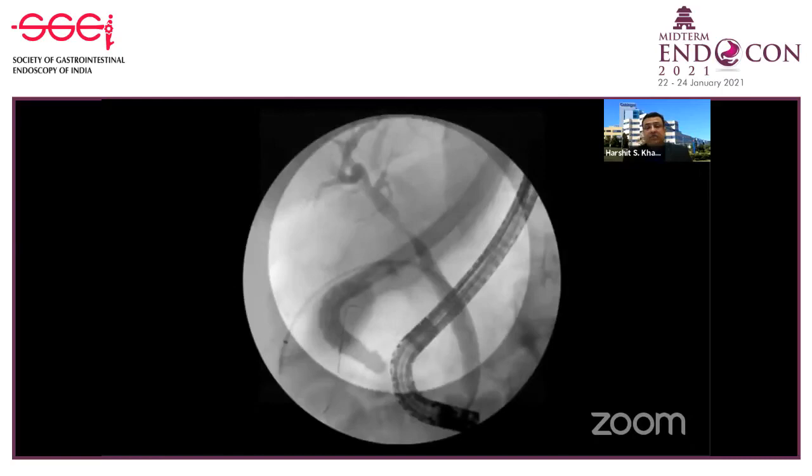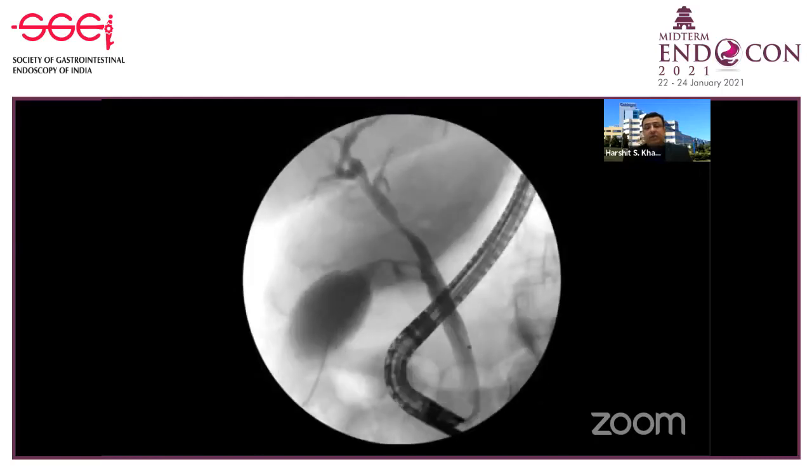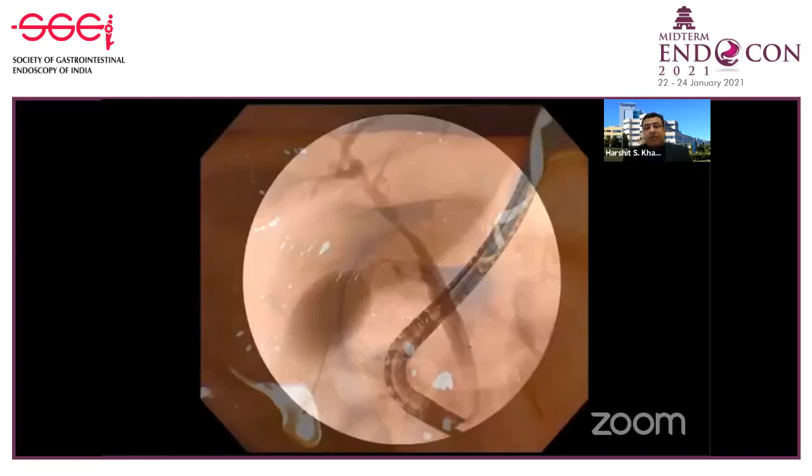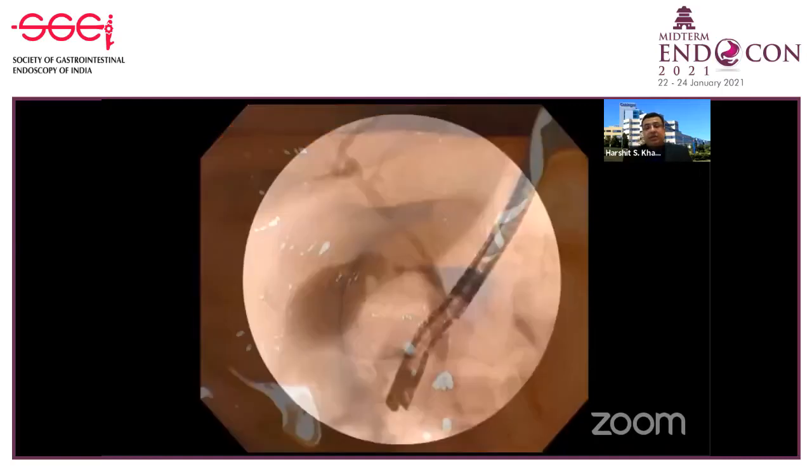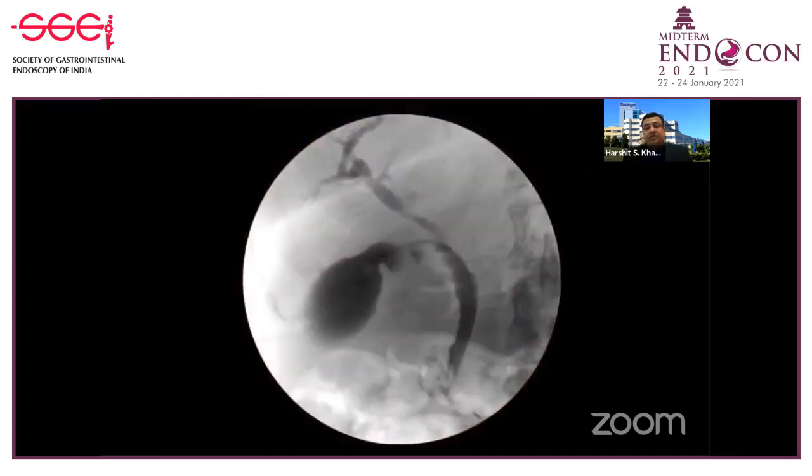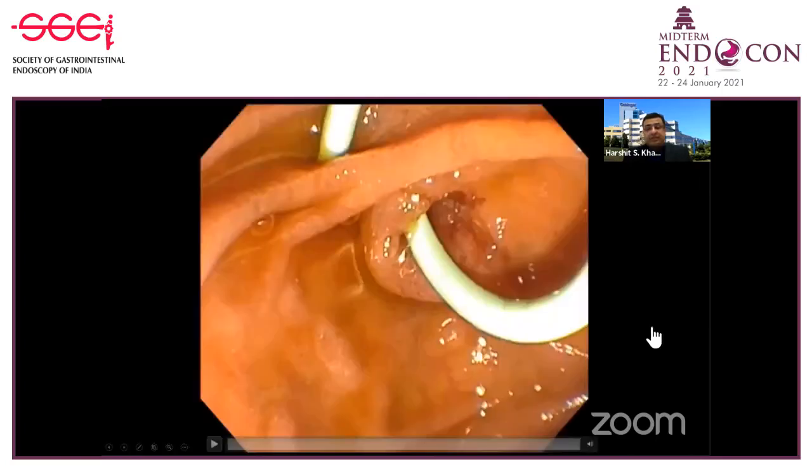I then follow this with a balloon catheter and then placement of a 5 French or 6 French double pigtail plastic stent. This achieves internal drainage and also reduces patient discomfort from a transnasal drain.